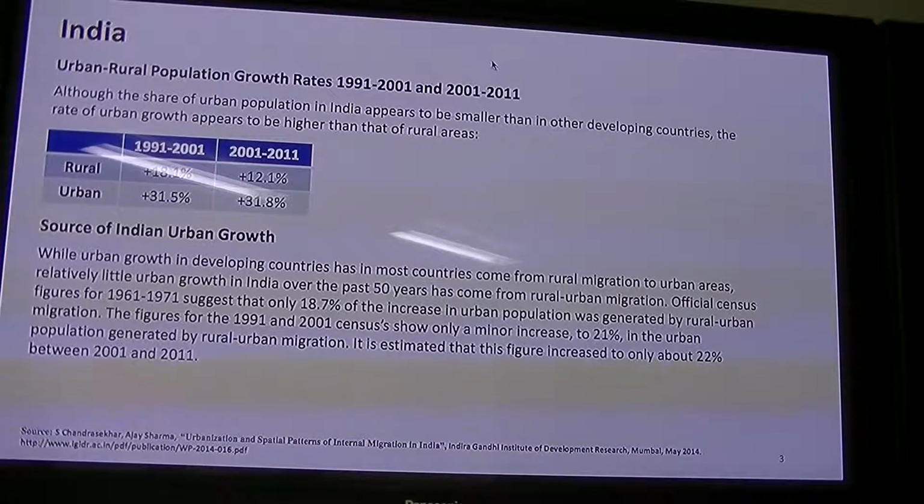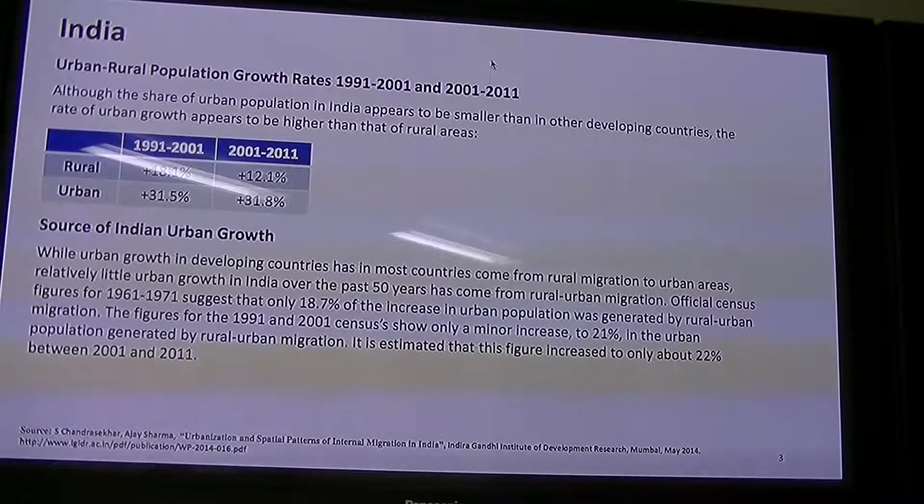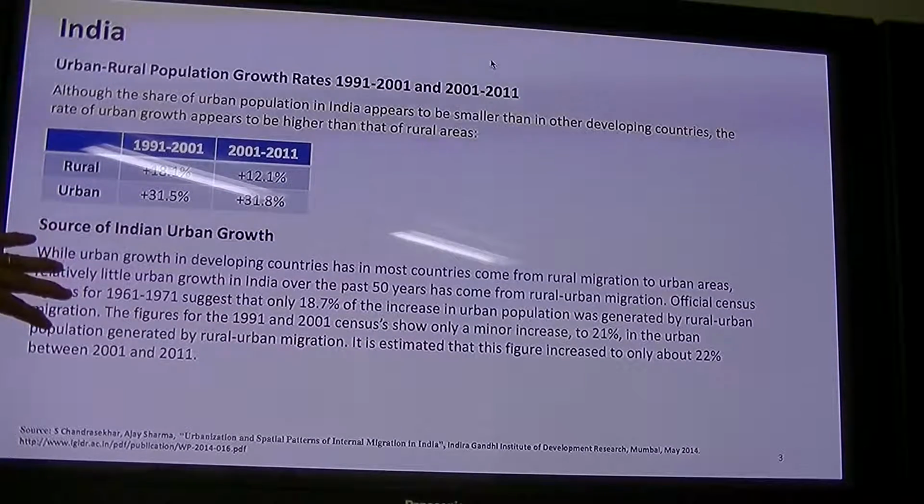That's dramatically different from the process of urbanization that we see in most industrial countries. Most industrial countries will see a massive movement of population. You've seen that in Europe, in the United States, in Japan, in China. It has not happened in India.